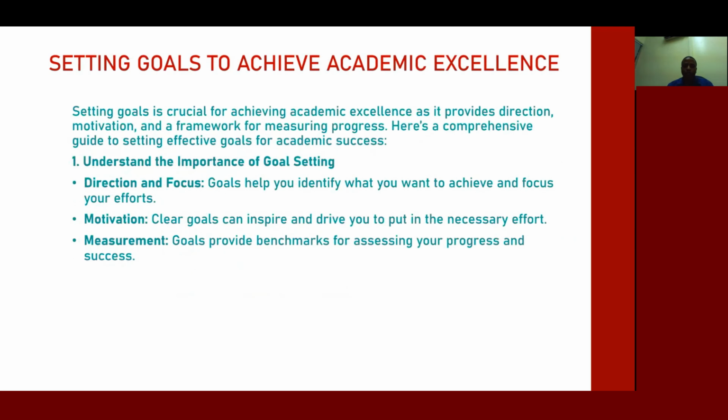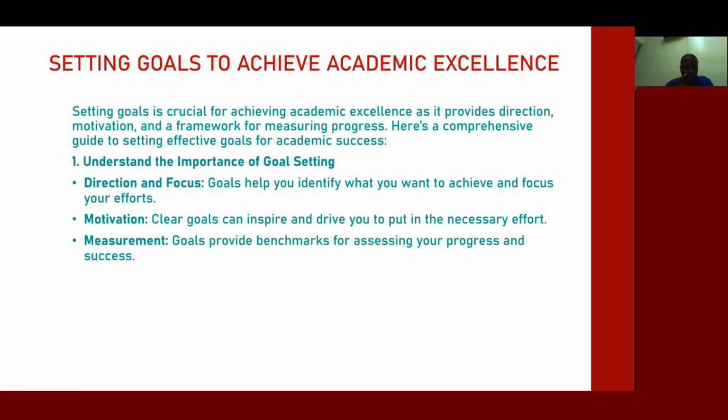Now, how can we set goals to achieve academic excellence? When we set goals, it normally gives us direction, motivation, and also the framework or the guidelines that we're supposed to follow. And this one is also supposed to assist us measure our progress. So this comprehensive guide, we can actually use it to know our progress.